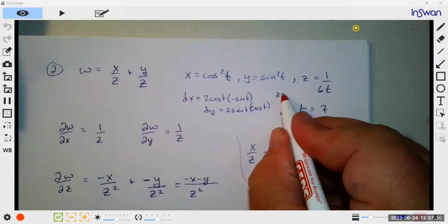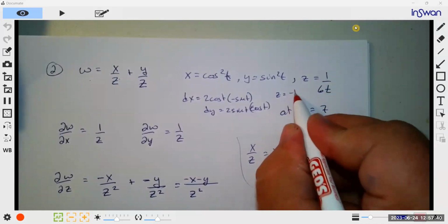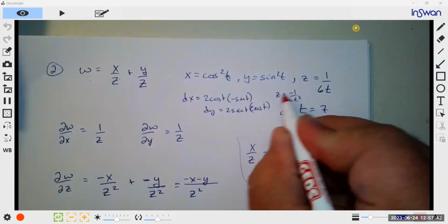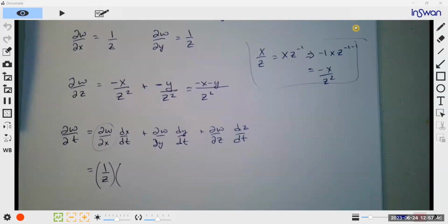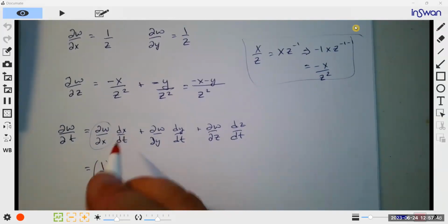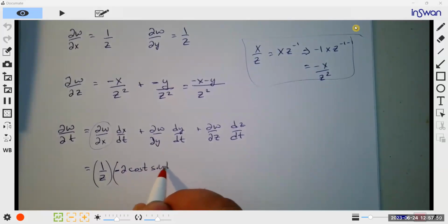And z is equal to, that goes up there, so it's negative 1 over 6t squared. So dx/dt is minus 2 cosine t sine t.